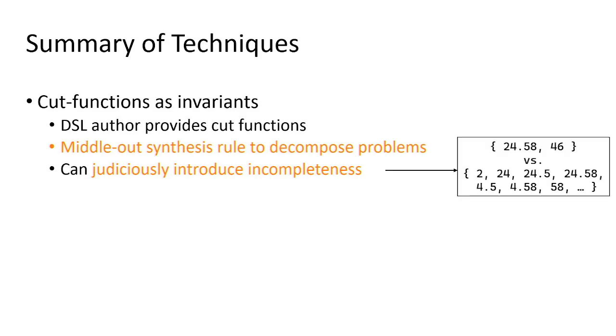I've been talking about these two numbers, 24.58 and 46, in the previous example. But there are all these other random numbers. So a DSL author can decide, if something is flowing into parse number, I would like that function to be maximal. So they can tune this cut function for incompleteness.